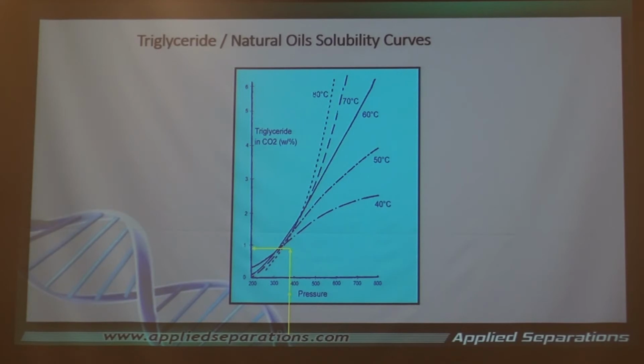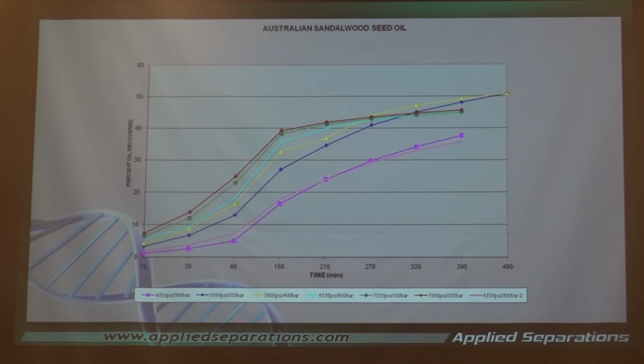It is going to extend your extraction time. Whereas if you look at 700 bar, you can see the solubility is much, much higher, and the rate of extraction is much faster. So dealing with seed oils, the big thing to keep in mind: the higher the pressure, the better.